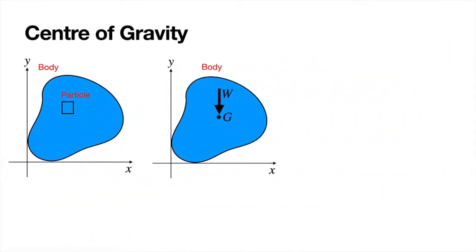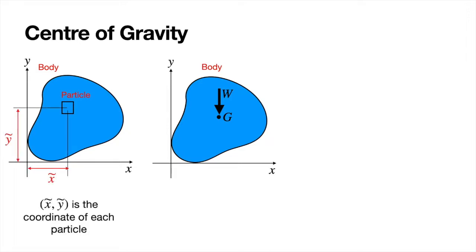Okay, now if we plot the particle against the XYZ axis, then the centroid of a single particle, or the coordinate of the center of the particle, is labeled as x curve and y curve. Okay, there's a curvy line on top of it. So that is to define the center or the centroid of a single small particle.